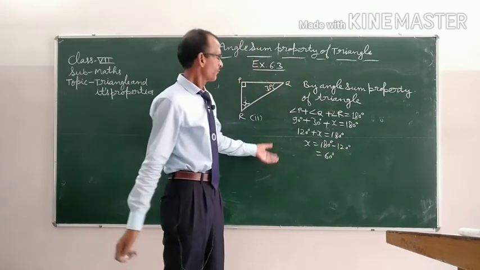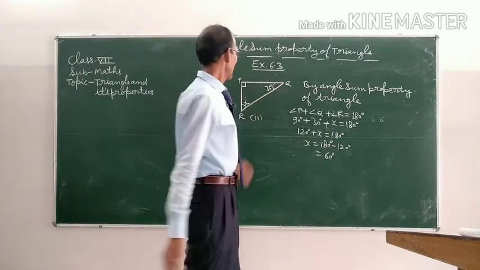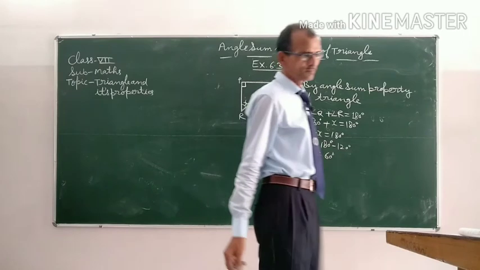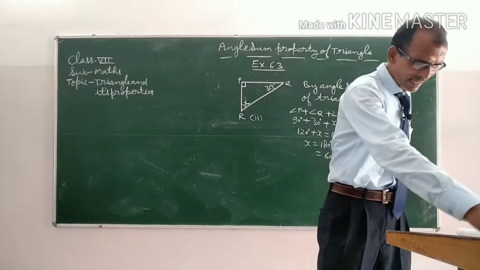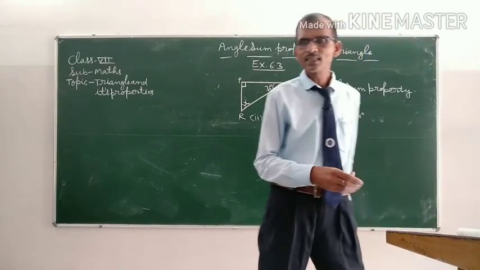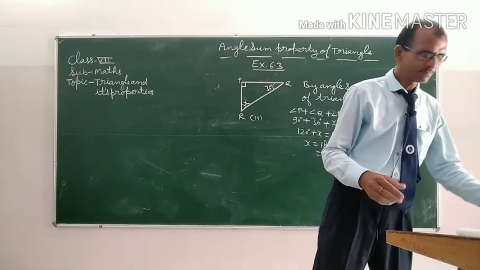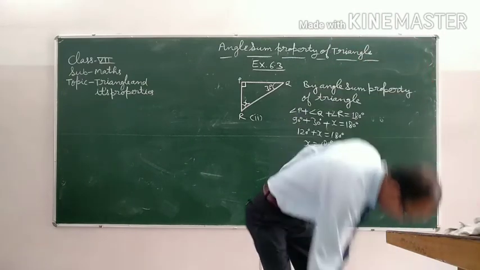This way we can find the value of unknown angle X. Remaining questions are of the same type, so I think you can solve this question. Okay? Now see the next question, question number 2.